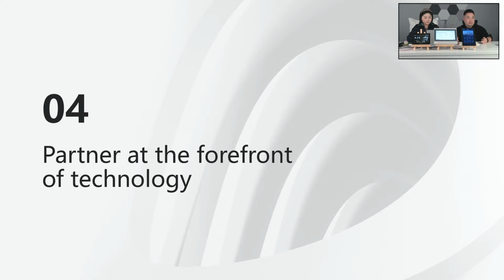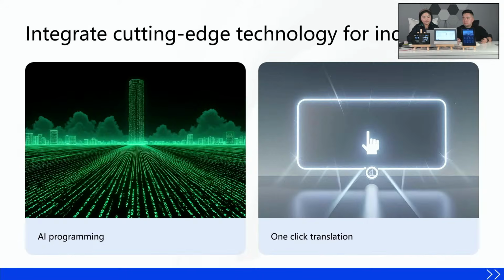But FLEXEM is a company that integrates cutting-edge technology into our products, empowering our partners and customers to advance together with the new trend. So if you cooperate with an automation brand like FLEXEM, you are not only cooperating with an automation brand, you are also cooperating with the latest technology trends of the industry.